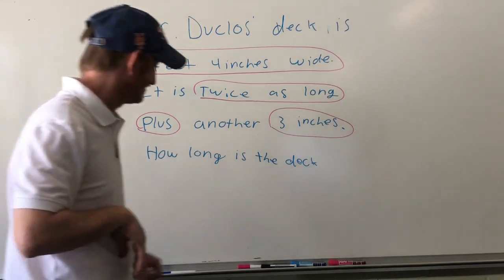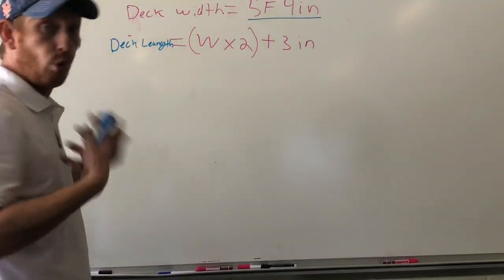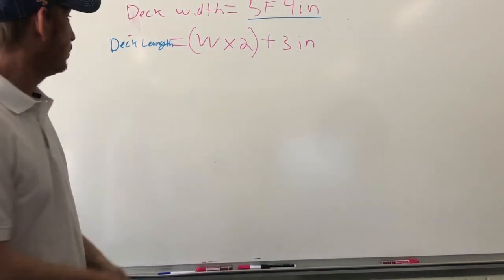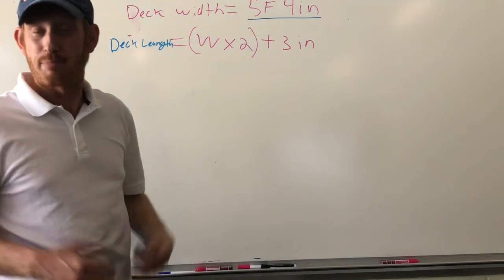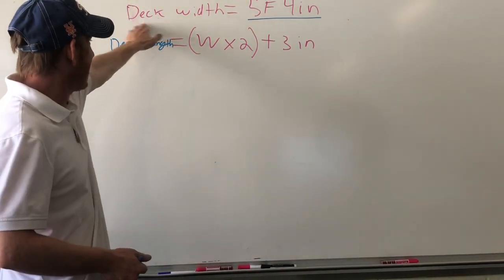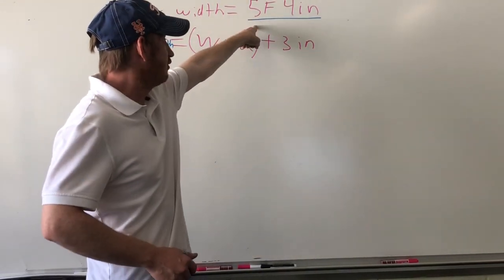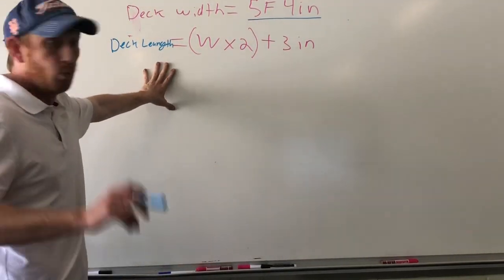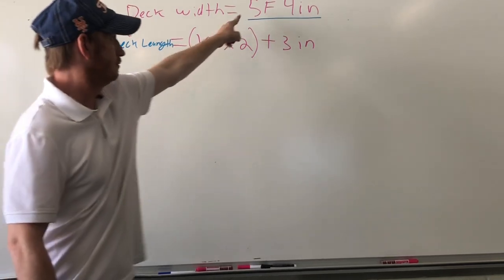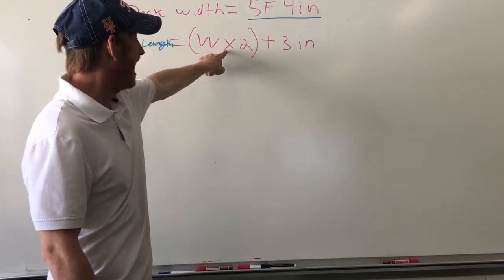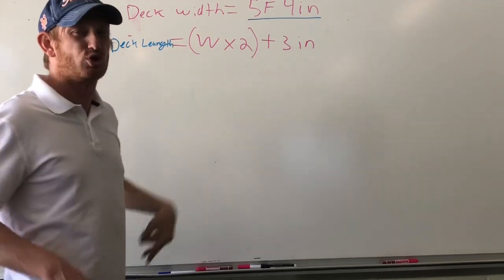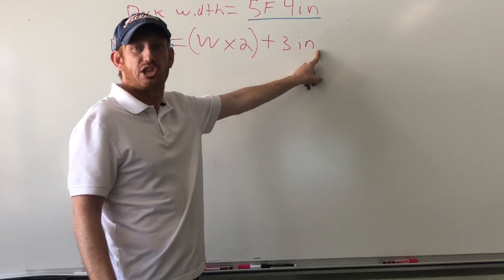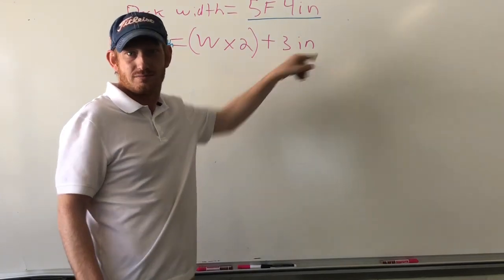So now I have all the important information from that big long word problem, and I've put it into a nice, easy 2-step equation. I have my deck width, which is 5 feet 4 inches, and my deck length, which is equal to the width, 5 feet 4 inches, times 2, because remember it was twice as long, and then another 3 inches, plus 3 inches.